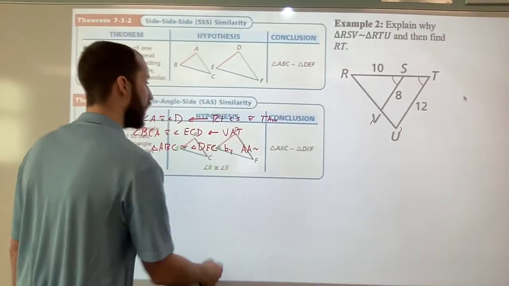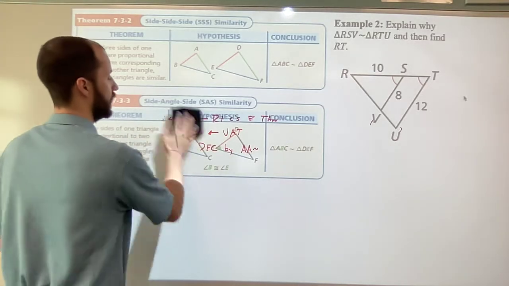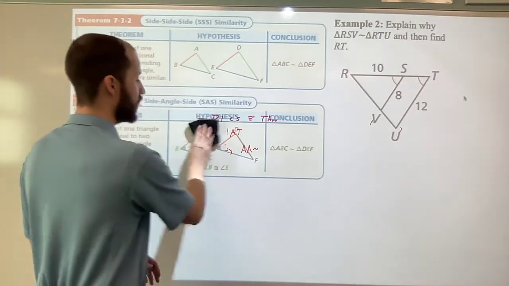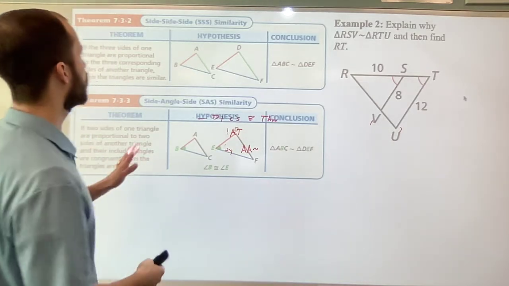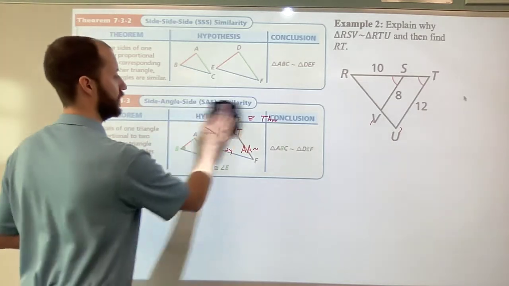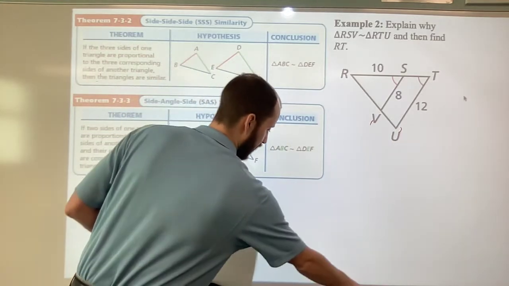We have two other types of triangle similarity, which you may recognize from triangle congruency. We use the tilde, the squiggle, to say they're similar.